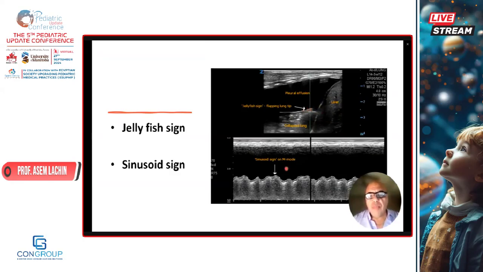And if we do M mode in this area, the pleural line will keep moving, and the lung line will keep moving toward the pleural line during inspiration and expiration, giving what's called the sinusoidal sign in M mode. You can find a wavy sign this way. So the jellyfish sign and the sinusoid sign can both help in the diagnosis of pleural effusion.